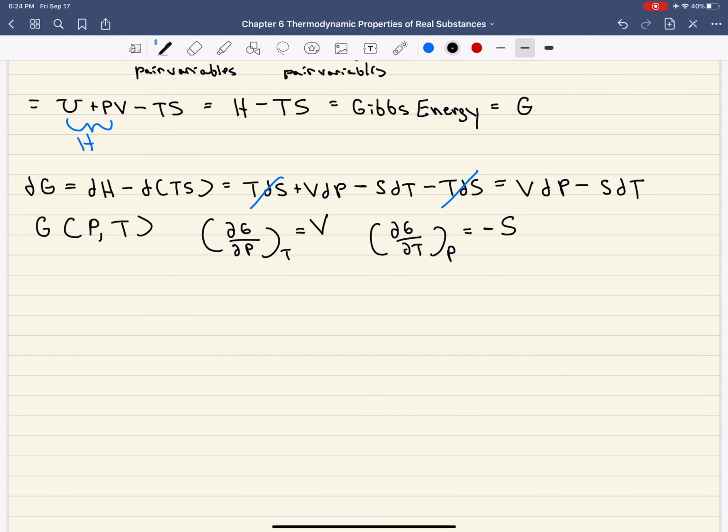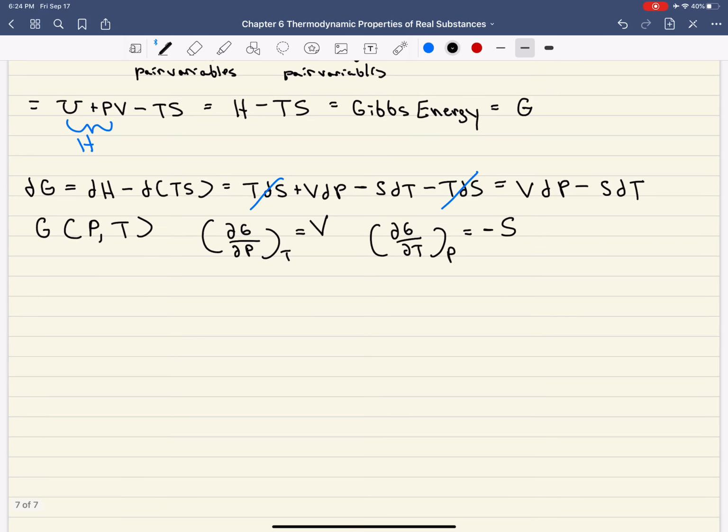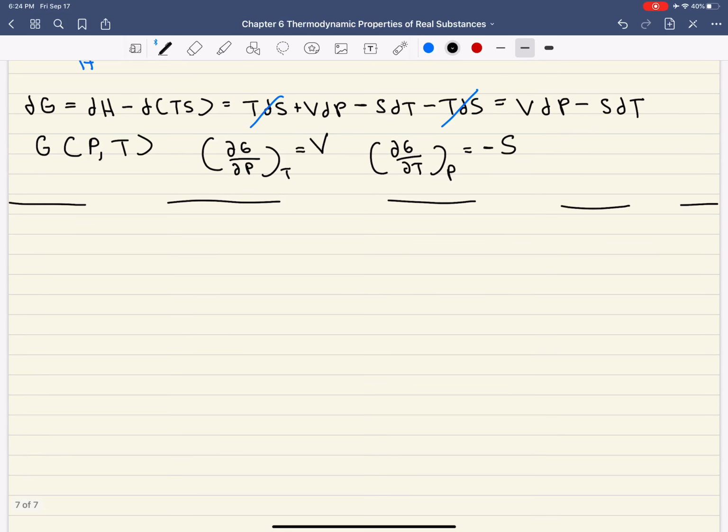Okay, all right, and so to summarize at least what we did here with all the Legendre transforms, we defined a whole class of new functions that can potentially give us information about the molecular properties of our system in terms of macroscopic properties, things we could see with our own eyes.